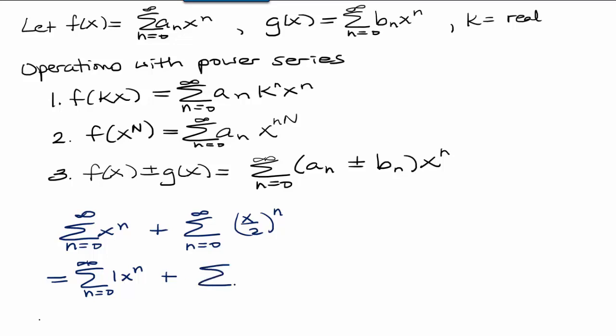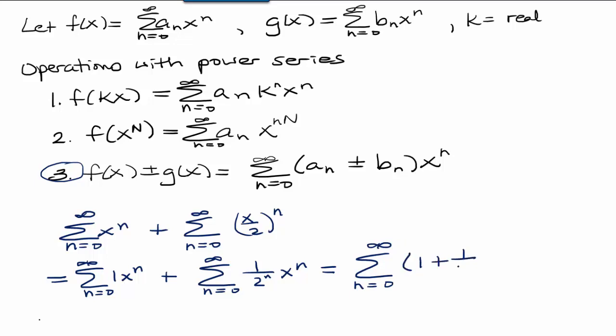Plus, we are adding to that, separating the x to the n from the 2 to the n, 1 over 2 to the n times x to the n. So we can use property number 3 here, and just add the coefficients together, and we would have the sum n equals 0 to infinity of (1 plus 1 over 2 to the n) x to the n.